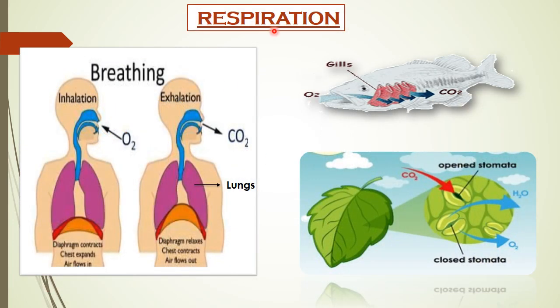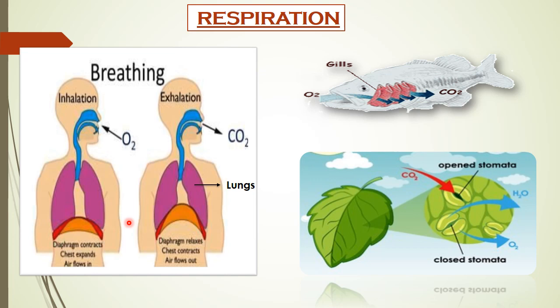Respiration is one of the characteristics of living organisms. Now what is respiration? Respiration is the process in which an organism uses oxygen for its life processes and then gives off carbon dioxide. All living beings take in air from their surroundings and breathe it out. In this process, oxygen goes in and is utilized by the body.